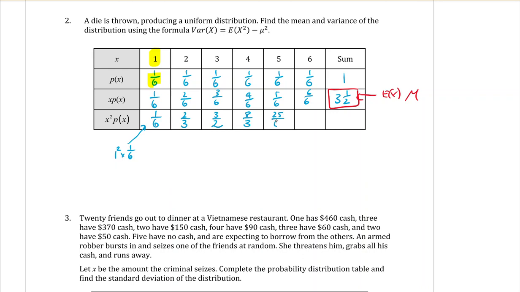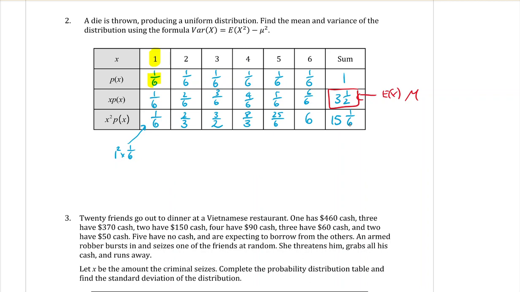It doesn't matter if you're using improper fractions or mixed numerals, I don't mind. Then we are going to have to add up that column. Okay, row, sorry, it's a row. Go across that row, add all of those numbers up. And you should get, as a mixed numeral, 15 and 1/6.